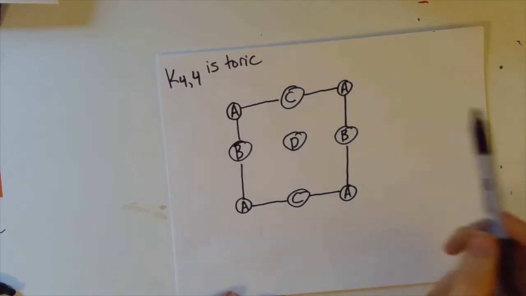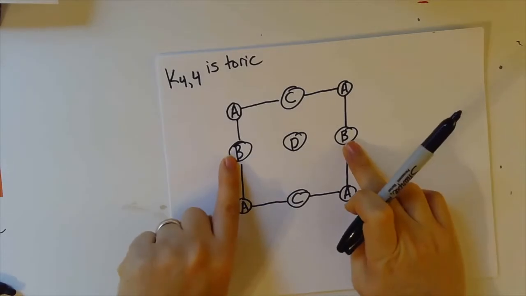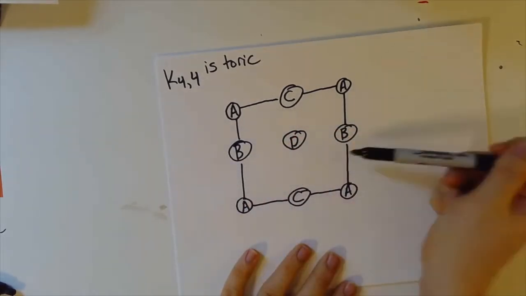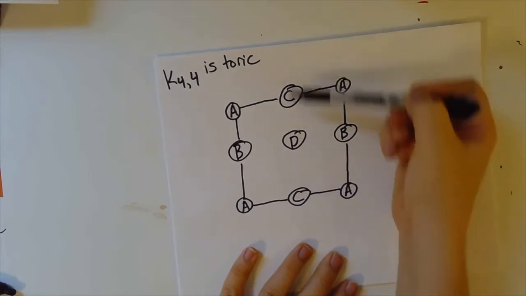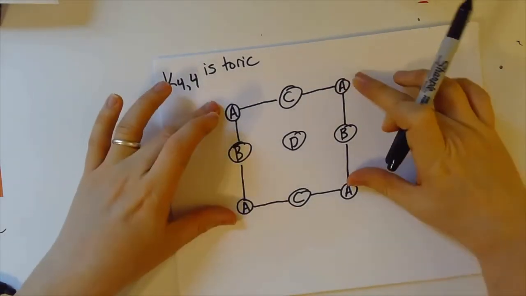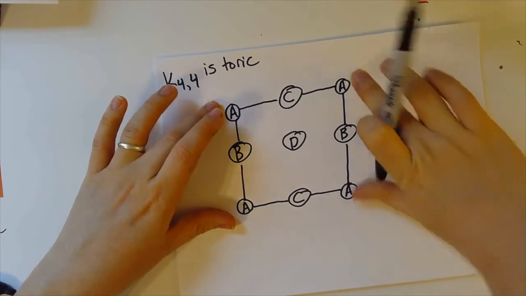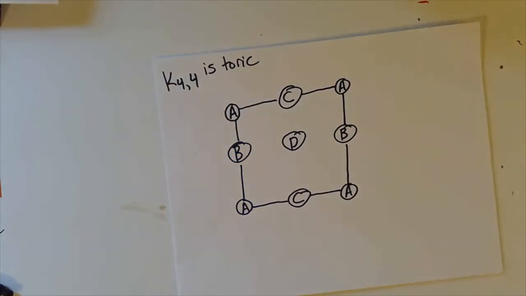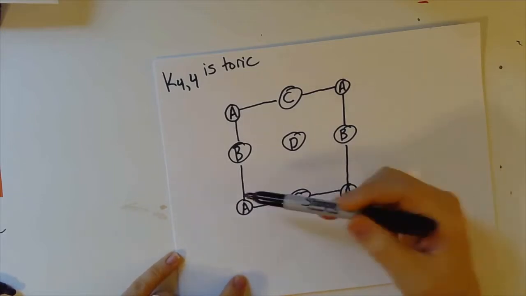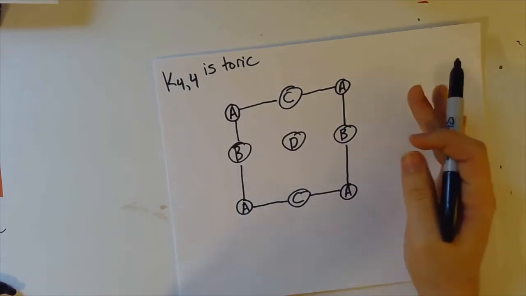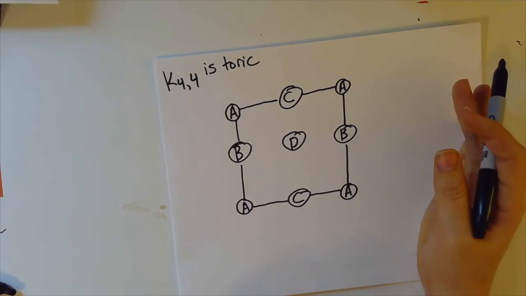Okay, and so again, these two B's are really the same point, because when I run off this side, I end up over here. These two C's are really the same for the same reason. And then these 4 A's are all the same because of, again, the same reason. Okay, so I've just labeled these white dots just so that you can keep track of the fact there's really 4 of them, even though it kind of looks like there's 9.